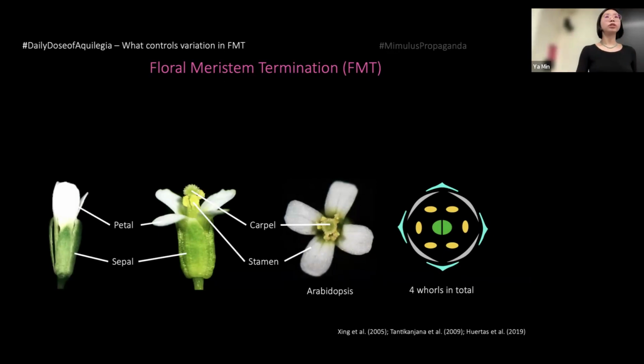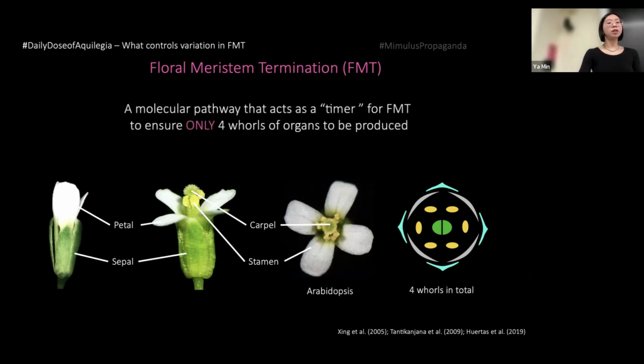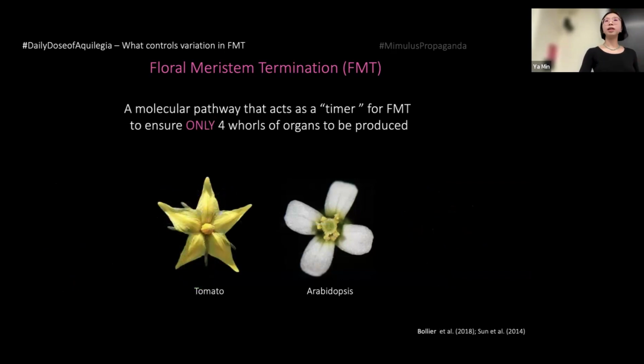For many years, through a series of very elegant experiments, researchers have found a molecular pathway that acts like a timer to ensure only 4 whorls of organs are produced in the flower. Later, this whole molecular pathway was proven to be conserved in tomato flowers as well, which also only have 4 whorls of organs.